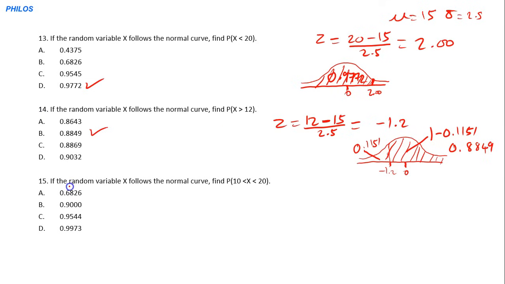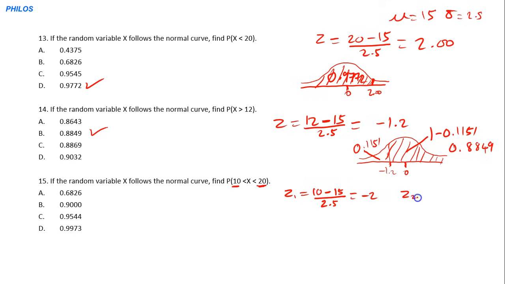So question 15. If the random variable x follows the normal curve, find the probability that x is between 10 and 20. So to do that, this is x1, this is x2. So meaning we are going to find two z's. So z1 will be equal to 10 minus the mean, which is 15, divided by standard deviation of 2.5. So 10 minus 15 is negative 5, divided by 2.5, we get negative 2.